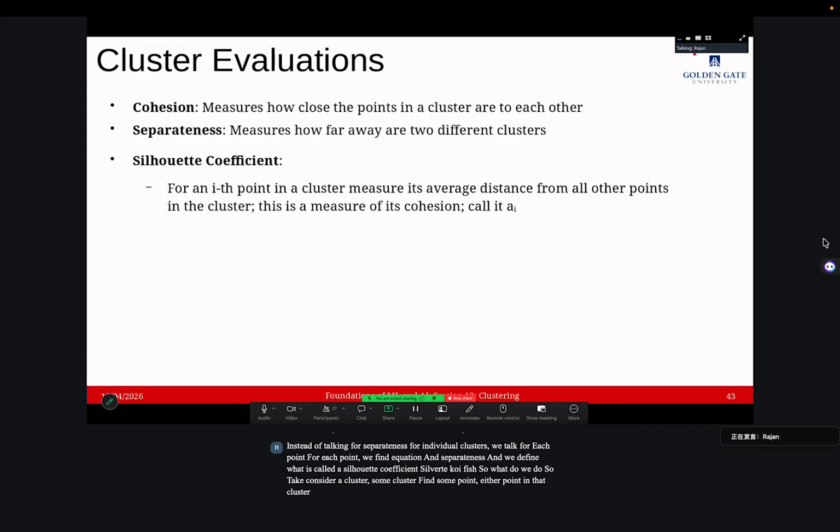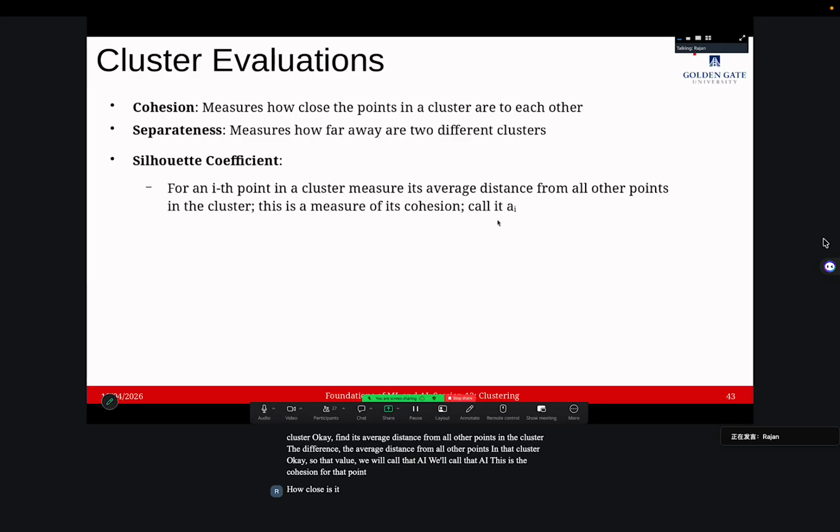Find its average distance from all other points in that cluster. That value we will call AI. This is the cohesion for that point. How close is it to other points in that cluster? So this defines the cohesion of that point.